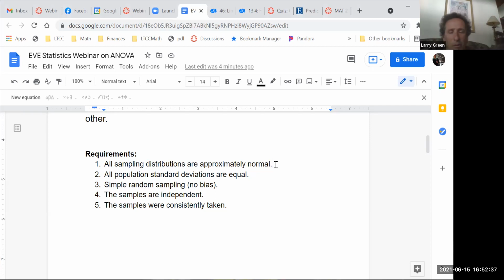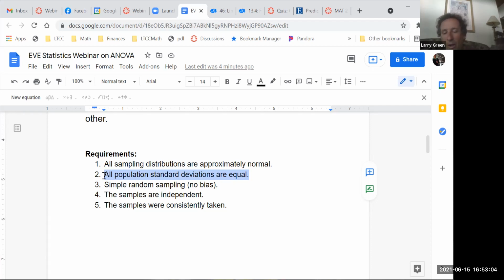So again, we've seen number 1 before, but now I just want to remark that with ANOVA, it's harder because you're going to often have many different populations or samples to deal with. Number 2 is all population standard deviations are equal. I will let you know that that is not something we're going to learn how to check in this class.